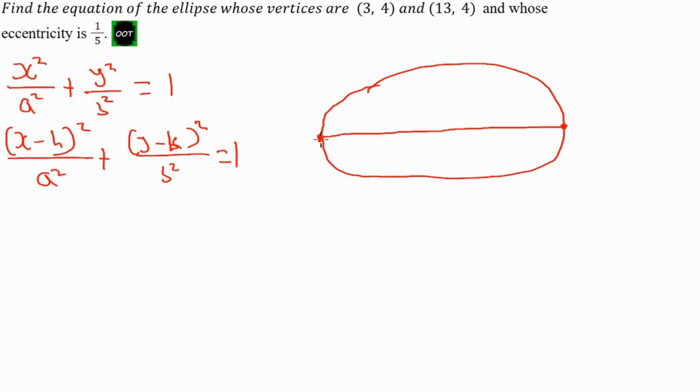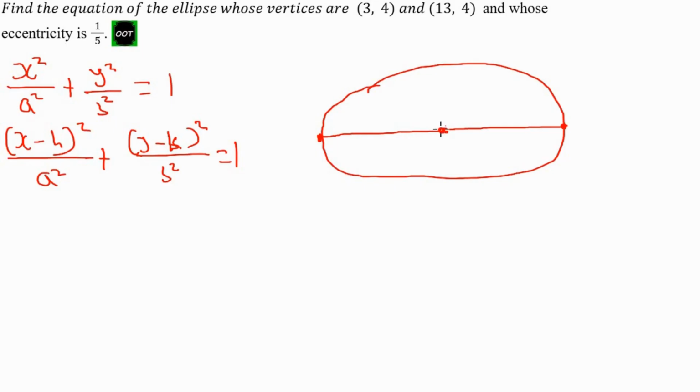Now, the line that joins these two points, if we find the coordinates of its midpoint, somewhere around there, doesn't that coordinate correspond to the center of the ellipse? It does. You feel me now? Exactly. So that's what we are trying to do.